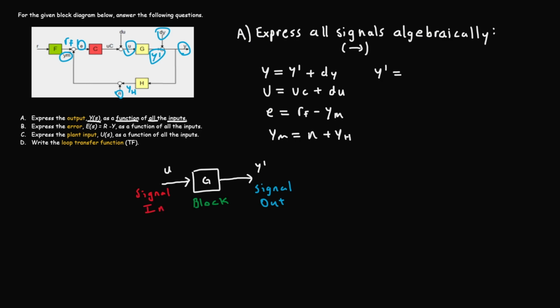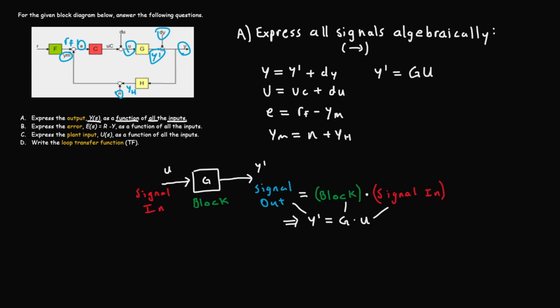And so from the theory behind this, the signal out is equal to the block times the signal in. And this, of course, is considering we are in the frequency domain, substituting in the symbols y prime is equal to g times u. And so that is basically the algebraic expression of y prime.